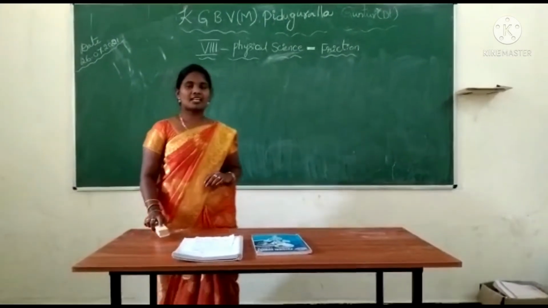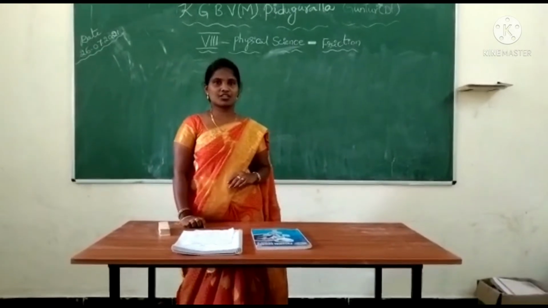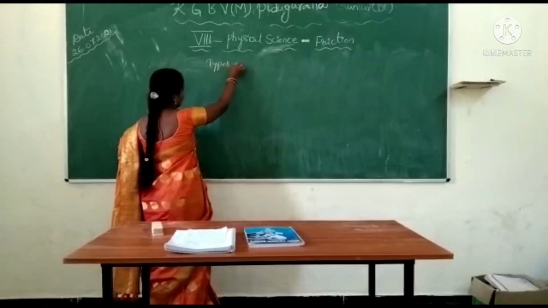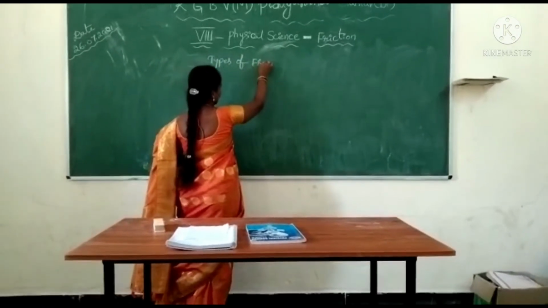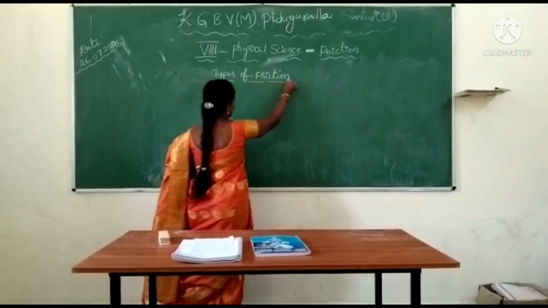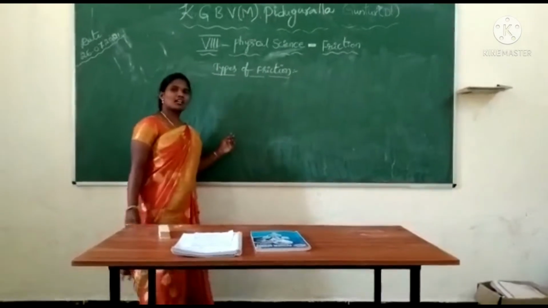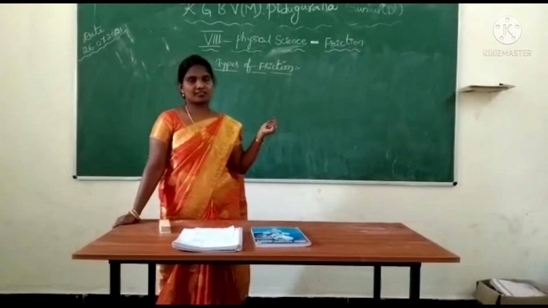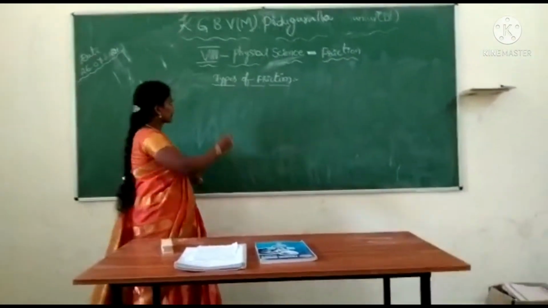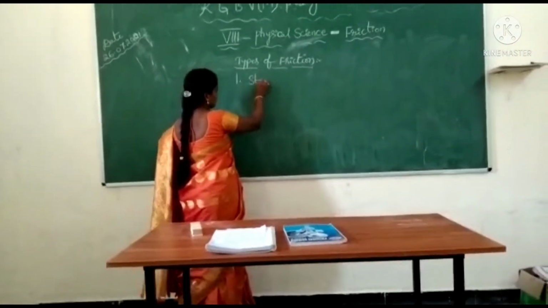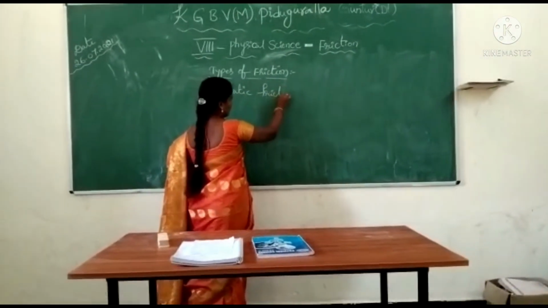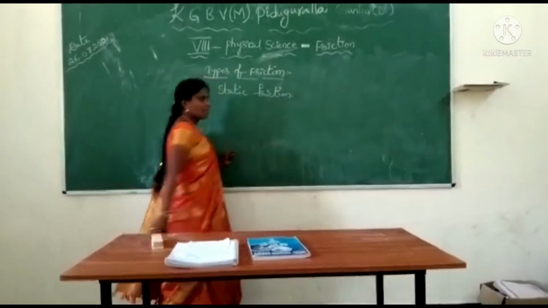In last class I already said the types of friction. Tell me, students. All of you know the names of friction. Tell me, children. First one, very good, static friction.